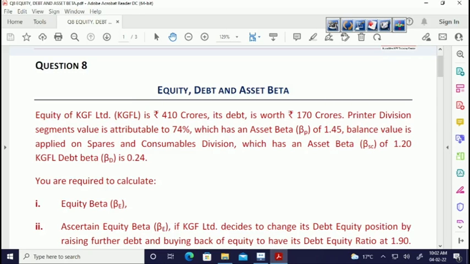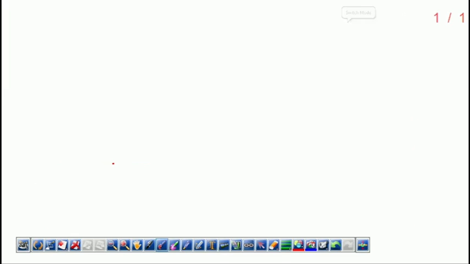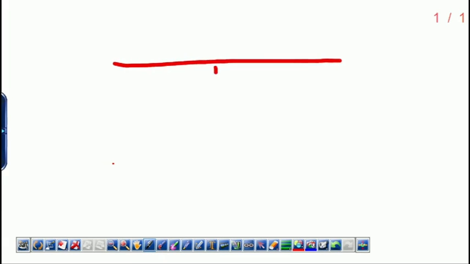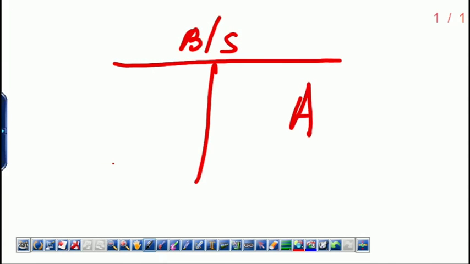Let me first explain so that you are conceptually fine. Have a look at the screen. Here we have the balance sheet of a company, and in the balance sheet you have assets which are financed by equity and debt. We believe CAPM is holding good, so standard deviation is not a relevant measure of risk. Beta is a relevant measure of risk.